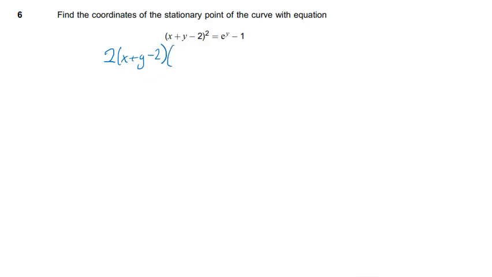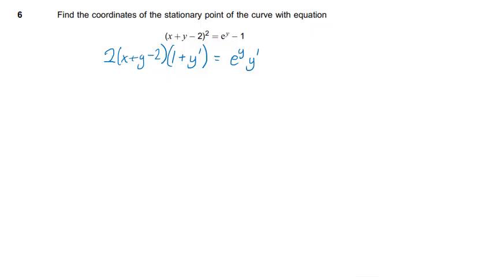So because of the chain rule, x just differentiates to 1, y differentiates to y primed, minus 2 differentiates to 0. Then on the right hand side, we're going to have to use the chain rule again. So e to the y differentiates to e to the y multiplied by the derivative of y with respect to x, so y primed. And then the 1 differentiates to 0.